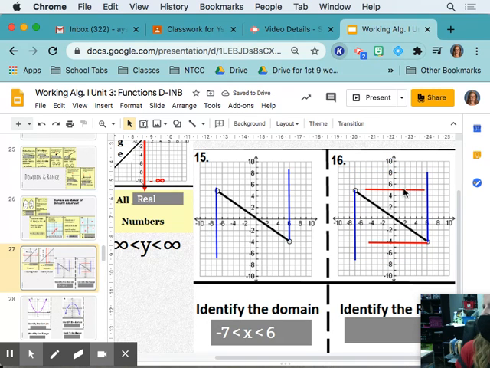So I just copied and pasted them so I could actually box this in. So domain and range can be used to figure out what your x and y values are so you can just contain them within that one area.